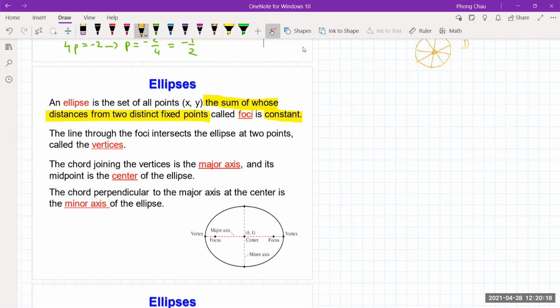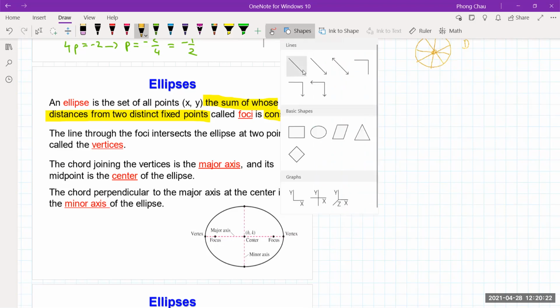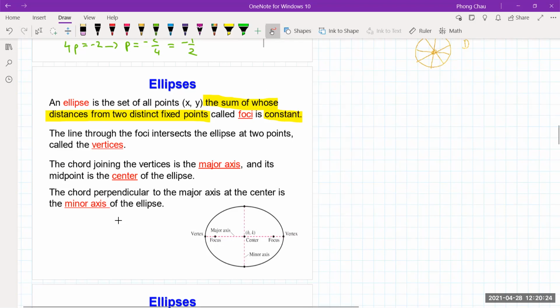If the major axis is vertical, remember the major axis is the longest chord inside of the ellipse.